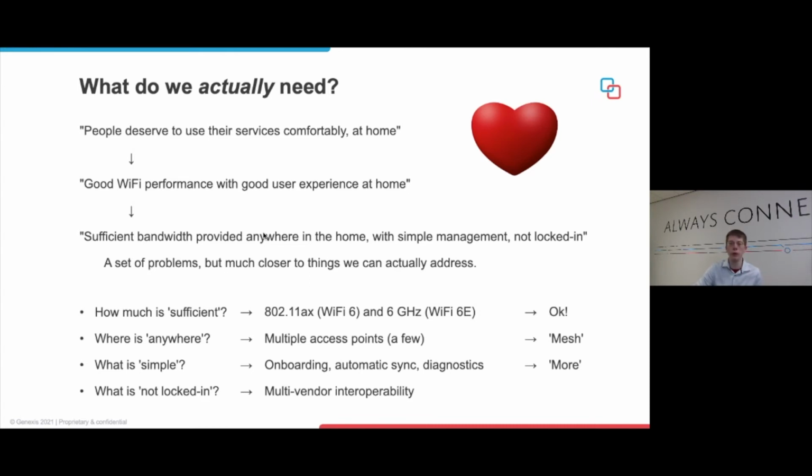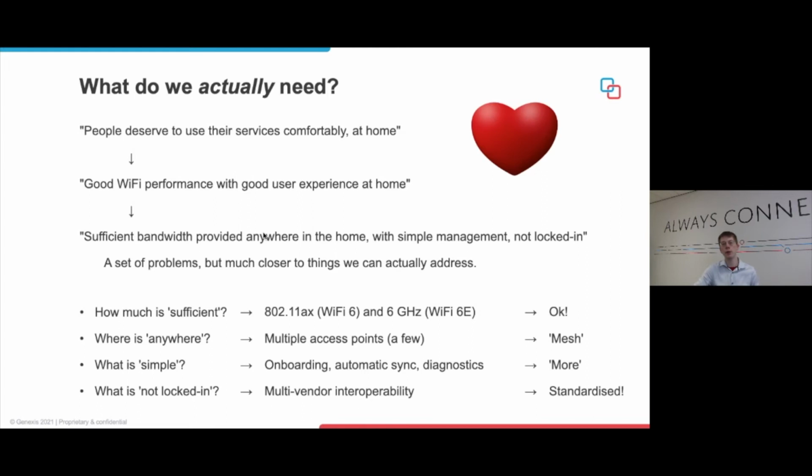And how to achieve this one is by standardization. We need to have a standardized solution to achieve the multi-vendor interop so that you can pick and choose what you want, or the end user can pick and choose what works for them. And the only way to achieve that is by standardization.